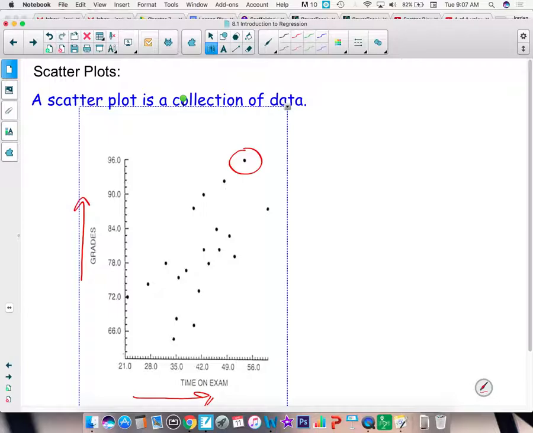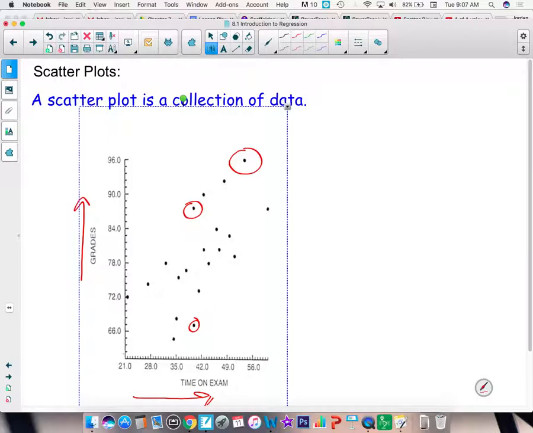That's not 100% true all the time, because if we look at this point right there, we have about 40 minutes spent on the exam, and one person here got a 67-ish. But then way up here, one person spent about 40 minutes on it and got almost a 90, maybe like an 88.